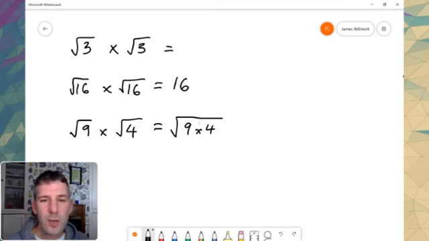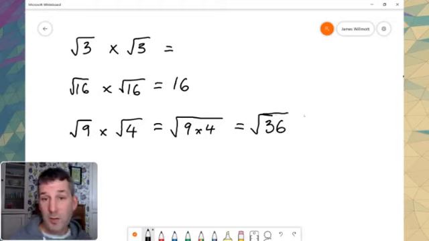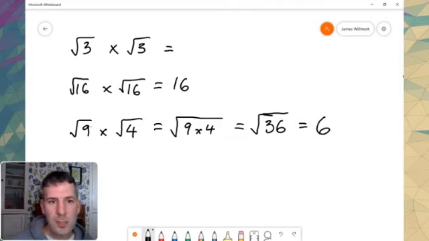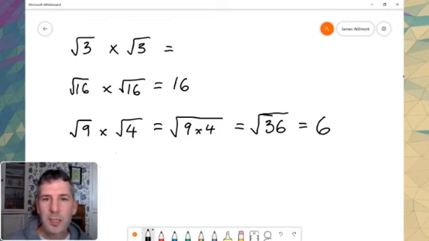The square root of 9 times 4, well, 9 times 4 is 36. So that's the same as the square root of 36. The square root of 36 is 6 because 6 times 6 makes 36.